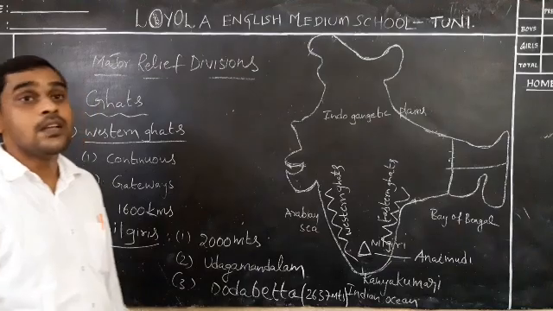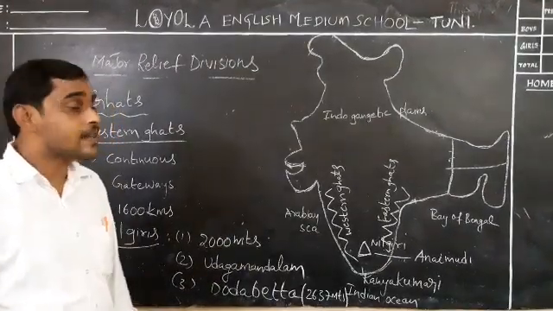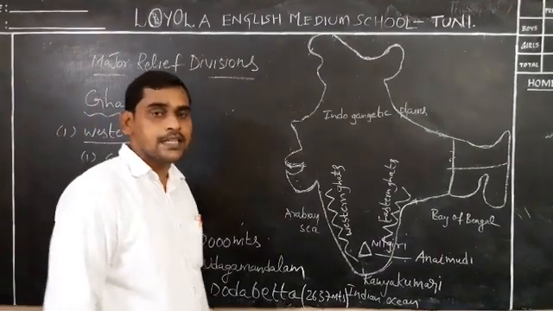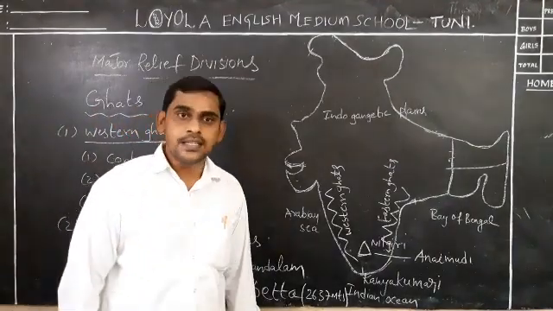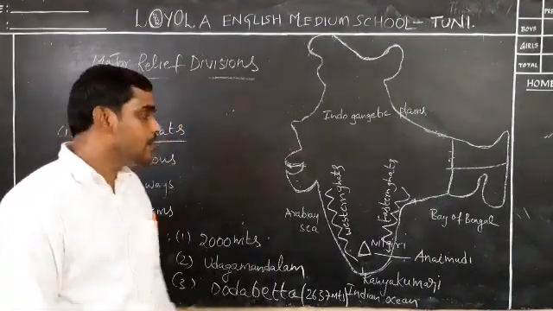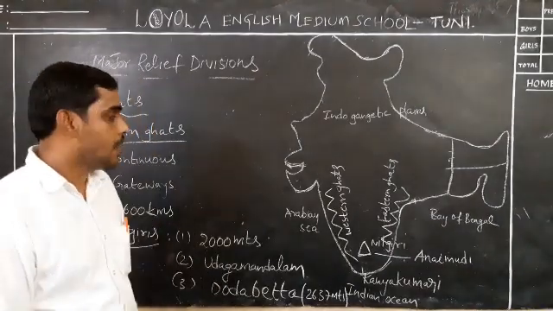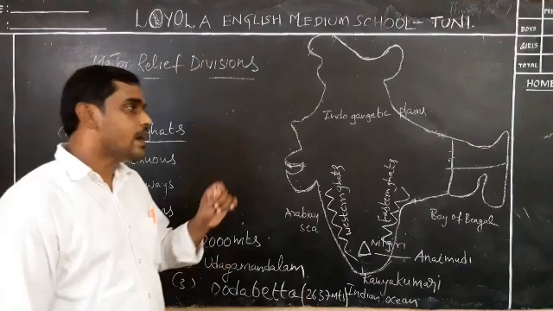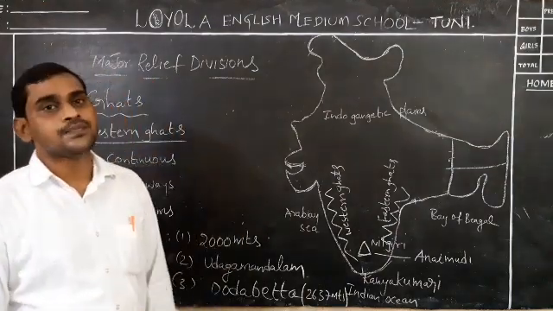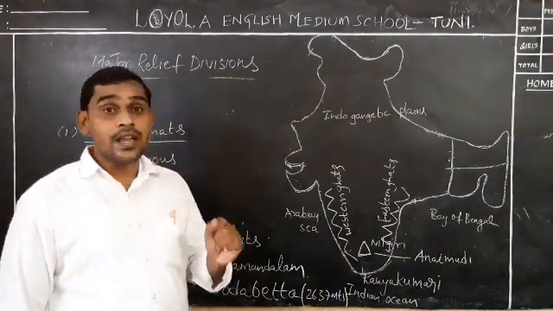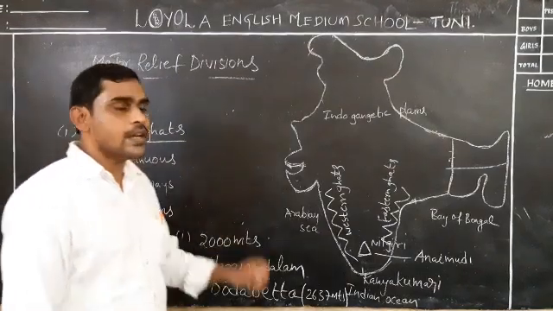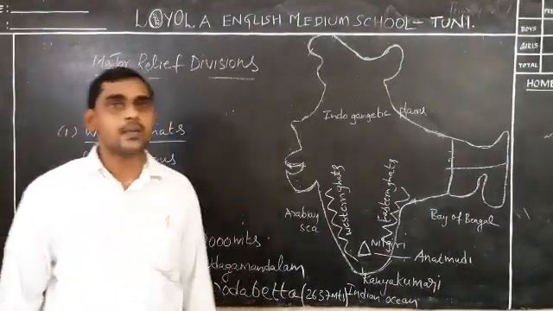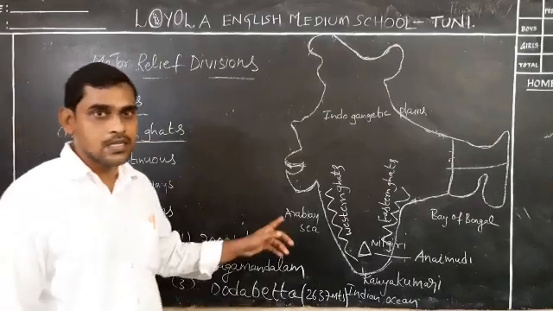Its height is 2695 meters. How many meters? 2695 meters. Do you understand this? Where is Anaimudi located? This is located in Anaimala Hills.